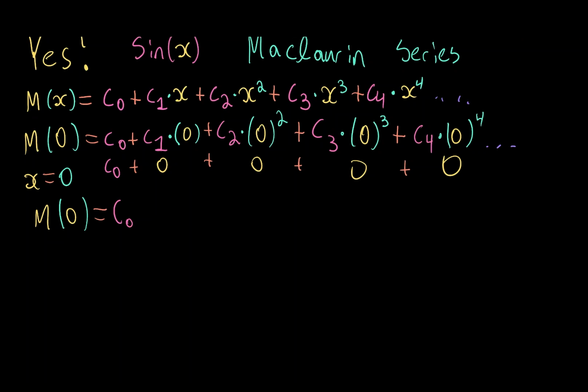Now we're going to use another important reason why Taylor series and Maclaurin series use polynomials: you can differentiate them. So let's take the derivative of our M of x, Maclaurin of x. Let's just divide this to make it clear.